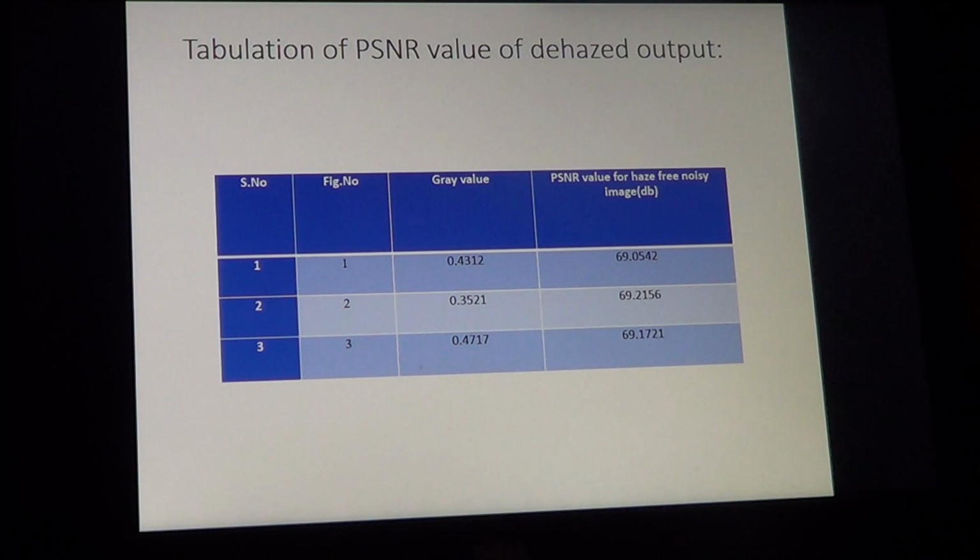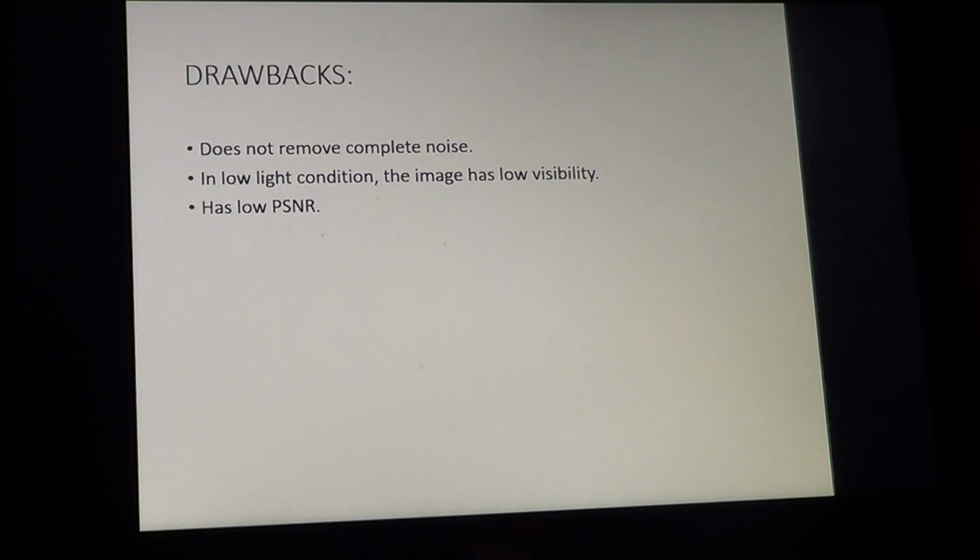In this, using the three samples, the values are 69.0542, 69.2156 and 69.1721. So this is a low PSNR value, and further we are going to enhance this PSNR value in our proposed work, as it will be explained by my batchmate Kiranmai.